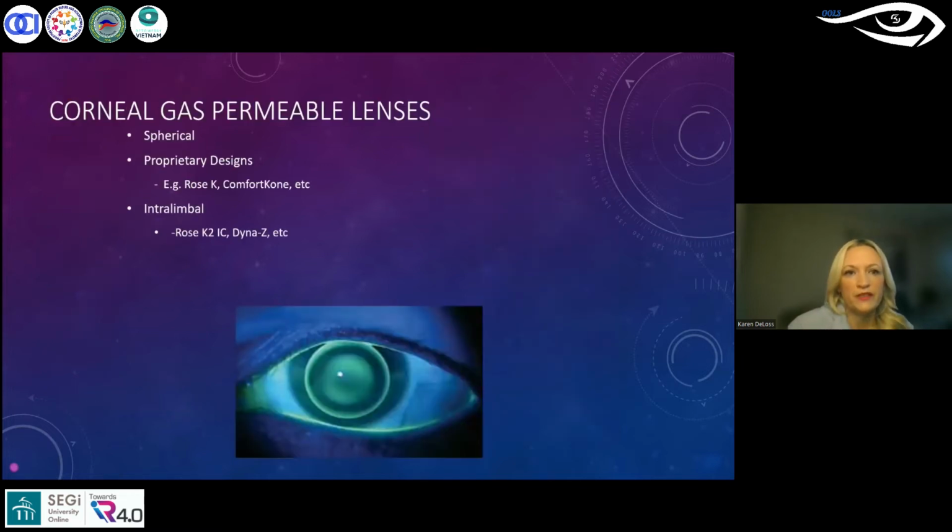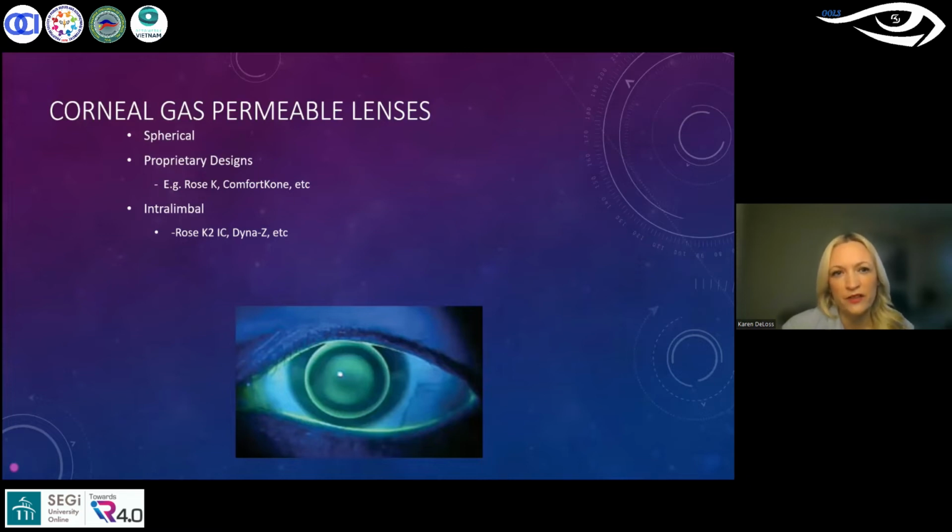Corneal gas permeable lenses. These are probably the ones that many of you use, and I think it's still the most commonly used type of lens worldwide. You certainly have the option to do spherical or your own bells and whistles, but the proprietary designs such as the Rose K and the Comfort Cone, these guys have done a ton of work in trying to figure out what are the common characteristics of a keratoconus eye.